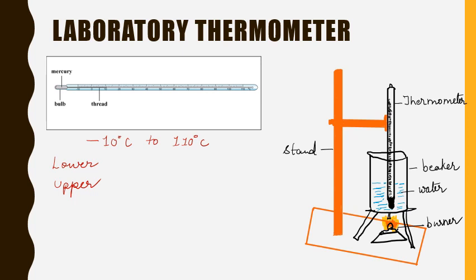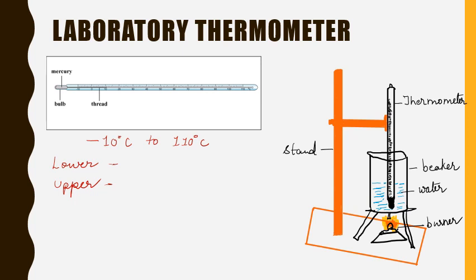We know that the lower fixed point was the freezing point and the upper fixed point was the boiling point of water. So to calibrate a laboratory thermometer, the bulb is first put in melting ice. Why in melting ice? As the melting ice will have the temperature of 0 degrees Celsius.